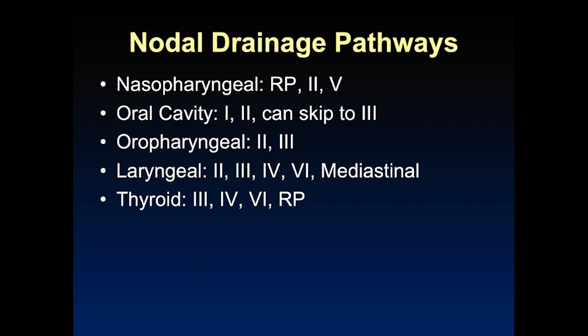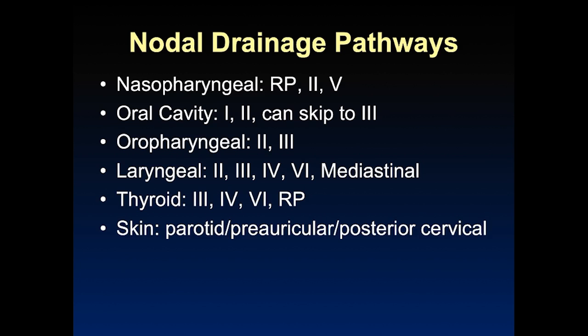Thyroid cancers will involve level 3 and 4, as well as your central nodes and your retropharyngeal nodes as well. So when you see a thyroid cancer, it's important to actually look back at the retropharyngeal nodes in order to not miss nodal metastases there.